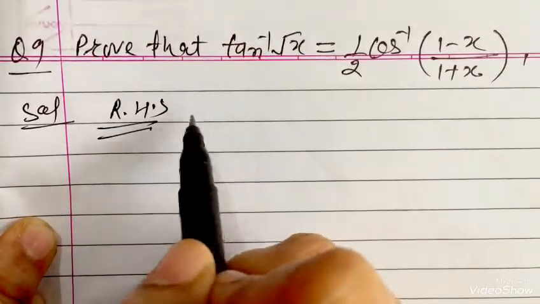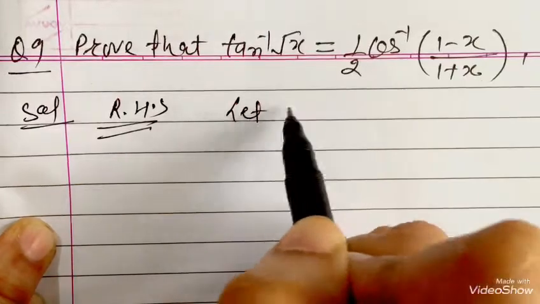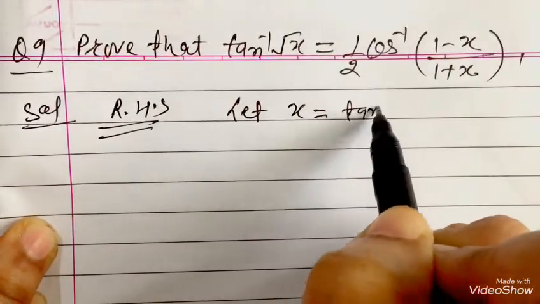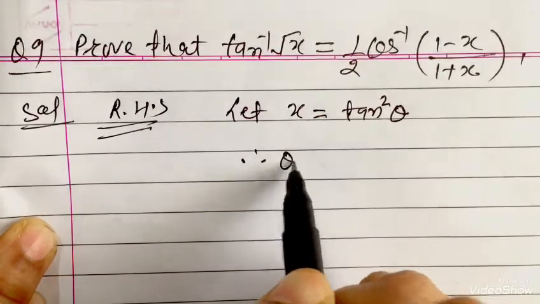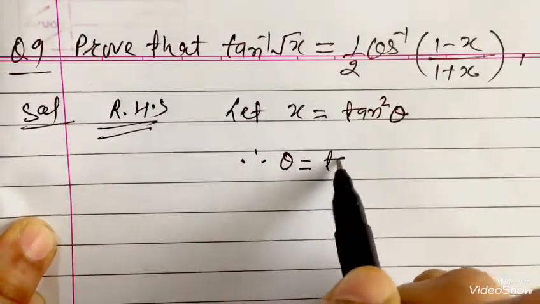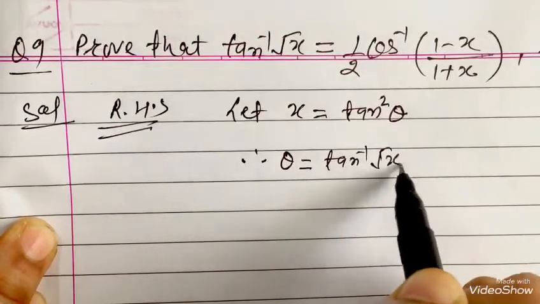So here student, let x is equal to tan square theta. So theta would be equal to tan inverse root x.